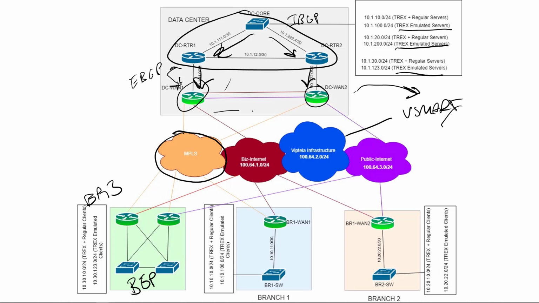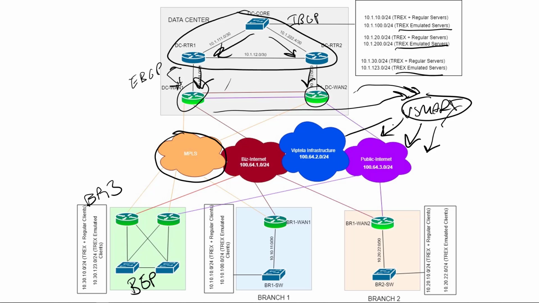Now vSmart, based on our route policy, topology policy, and so on, is going to reflect those routes. It works like a BGP route reflector, off to the various branches and other SD-WAN boxes, again based on our policy.